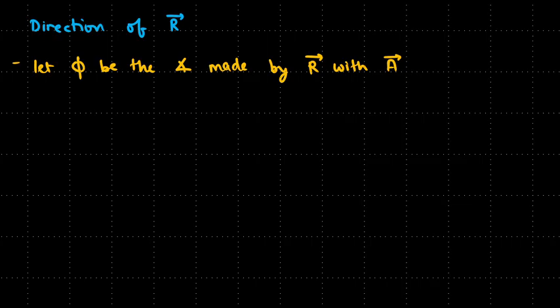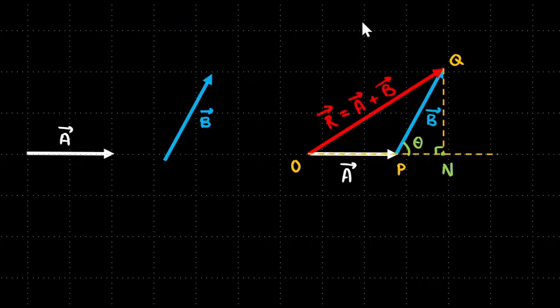So let me go back to the figure. This is the original figure. So the angle between R, the red one is R, the white one is A. So the angle between them, let's make it another color. So it's gonna be phi. So this is the angle phi.